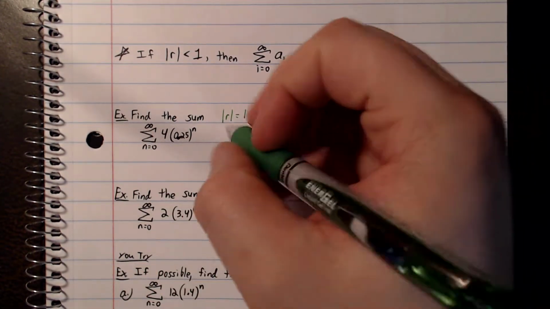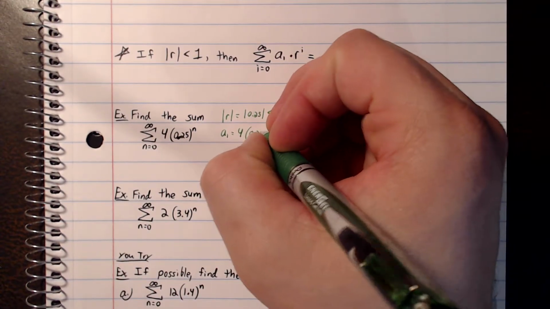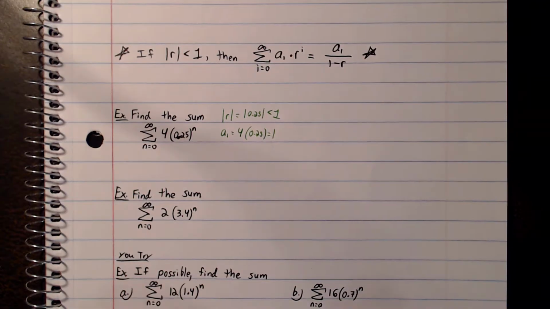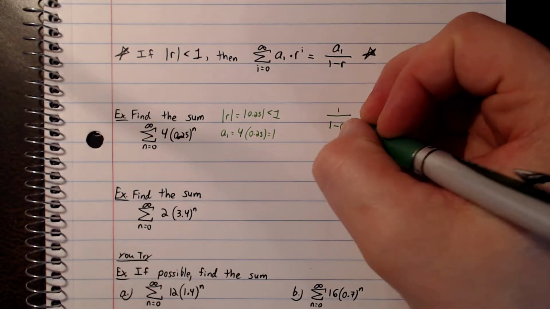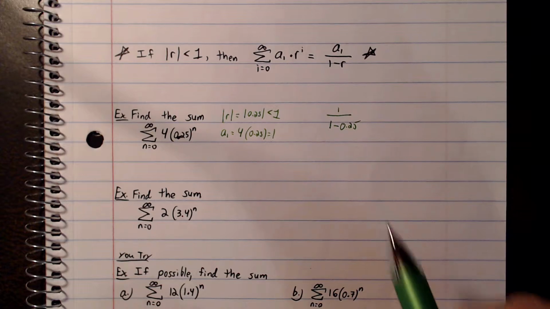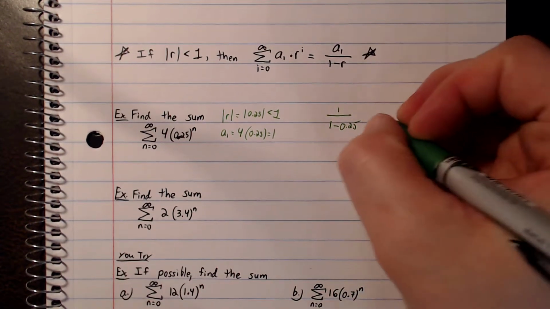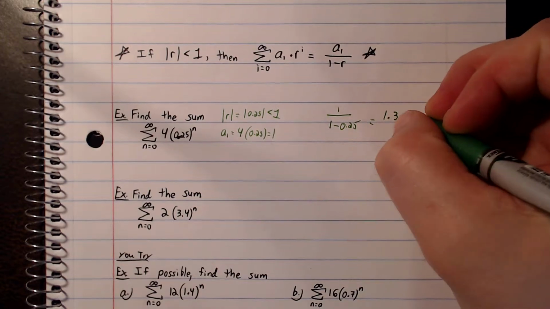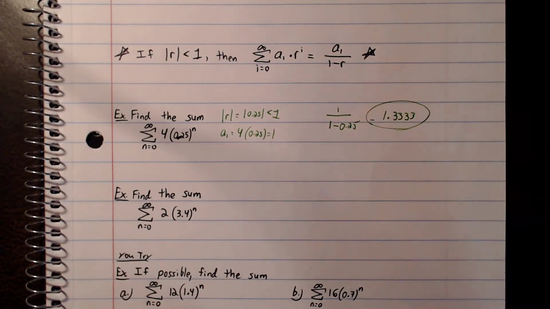We've got to find the a1 value first. So that's 4 times 0.25. That ends up being 1. And then this formula is pretty simple, right? It's 1 divided by 1 minus r. You type that into your calculator, and it ends up telling you 1.3 repeated. So we'll write a couple of these.